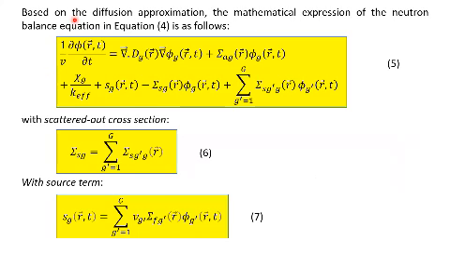Based on the diffusion approximation, the mathematical expression of the neutron balance equation in equation 4 can be written as equation 5, with the scattered out cross-section in equation 6 and the source term in equation 7.